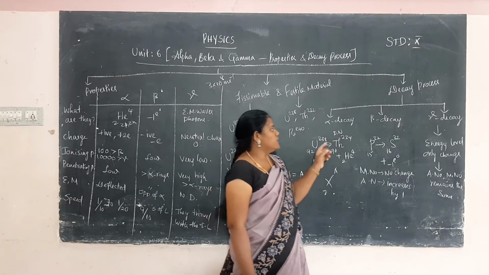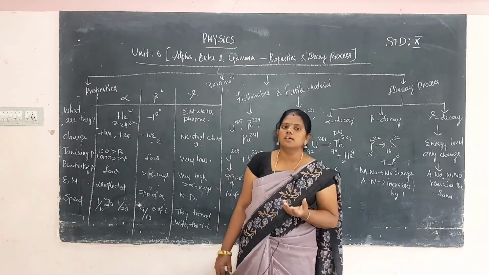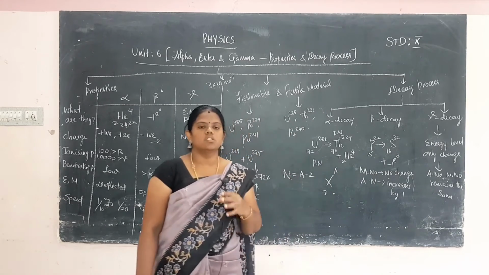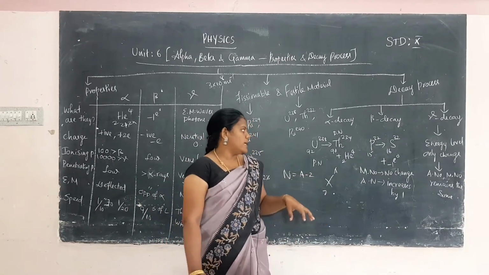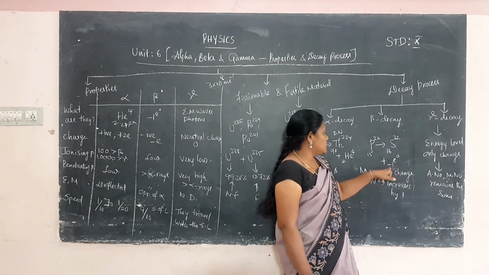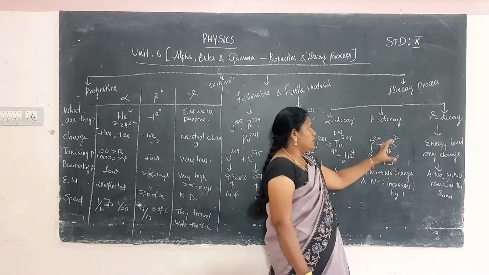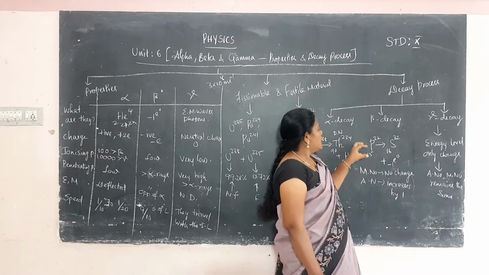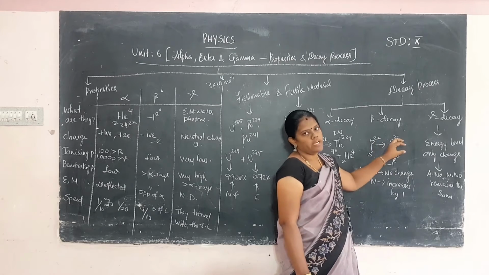Okay, then in the decay process, the beta decay process: the radioactive element decays to convert into a daughter nucleus with the emission of electrons. The electron is denoted by -1 e power 0. During beta decay, the parent nucleus emits some electrons, which creates a new radioactive element.